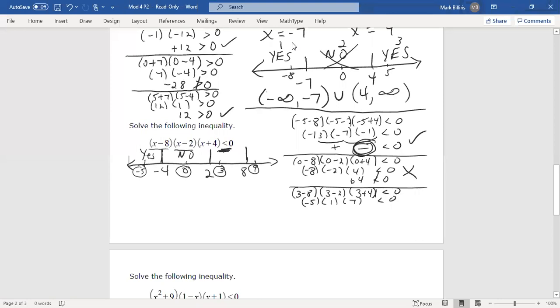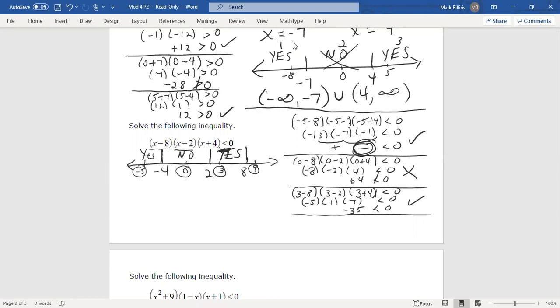So negative 5 times 1 is negative 5, times 7 is negative 35, and negative 35 is less than 0. Therefore, the values between 2 and 8 are solutions.